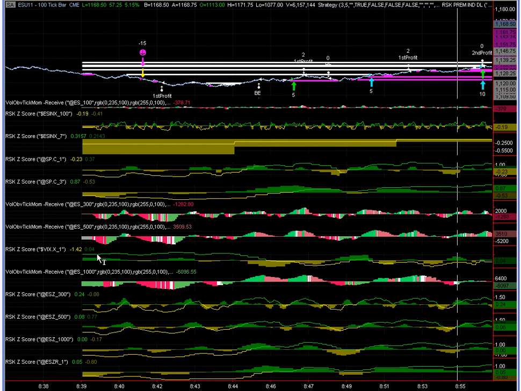We're also tracking the Z-score on the VIX set to 1 tick and the Z-score on the 300, 500, 1000 tick bar. And then we've got one last little indicator that I started looking at and said, I'm not going to tell you what that is, but I like it. I like it a lot.